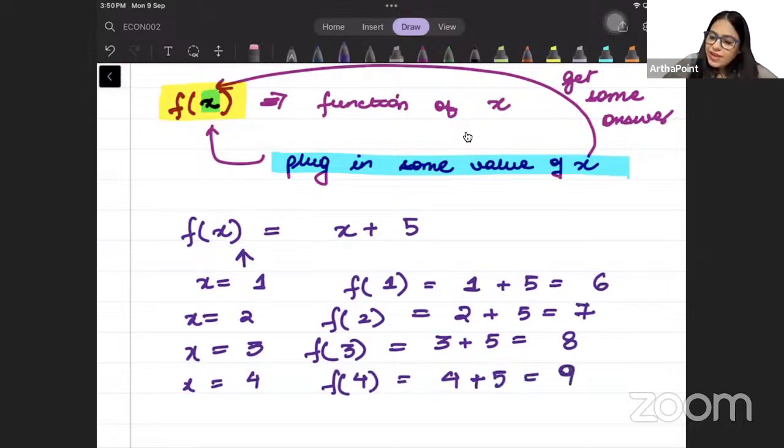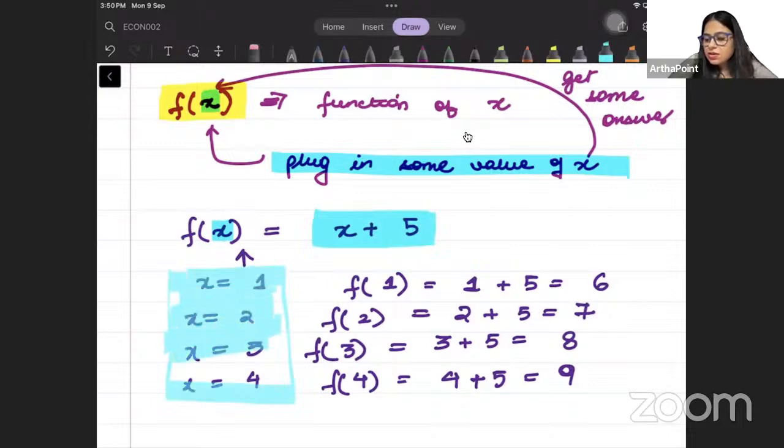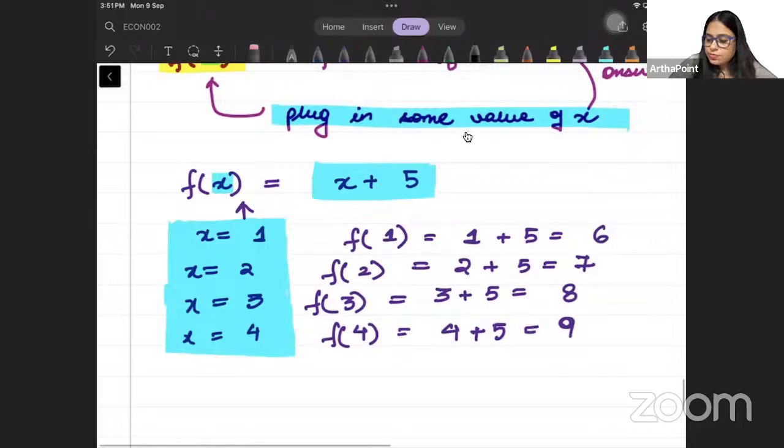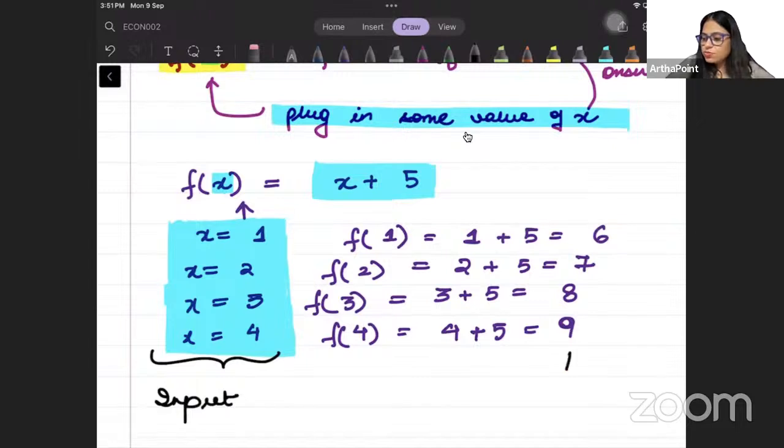समझे? So when we plug some value in x, x is my input. ये input है. And this is my output.